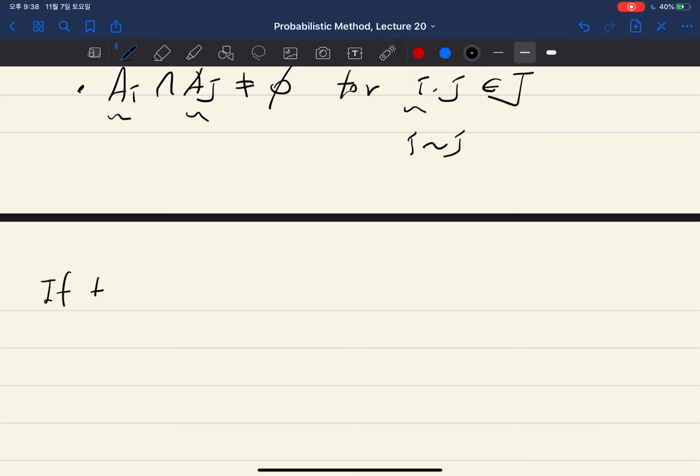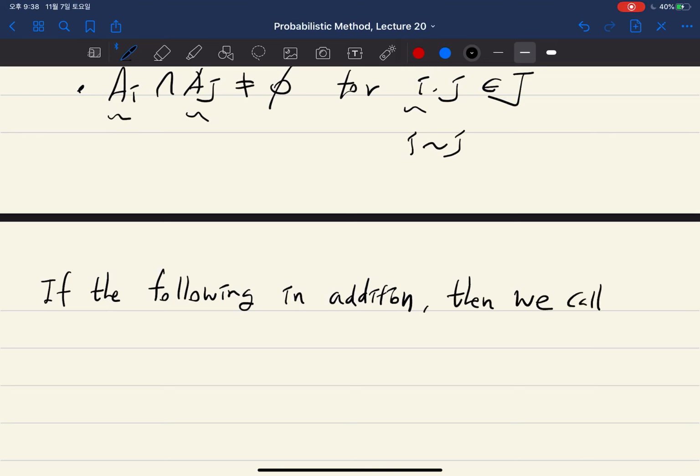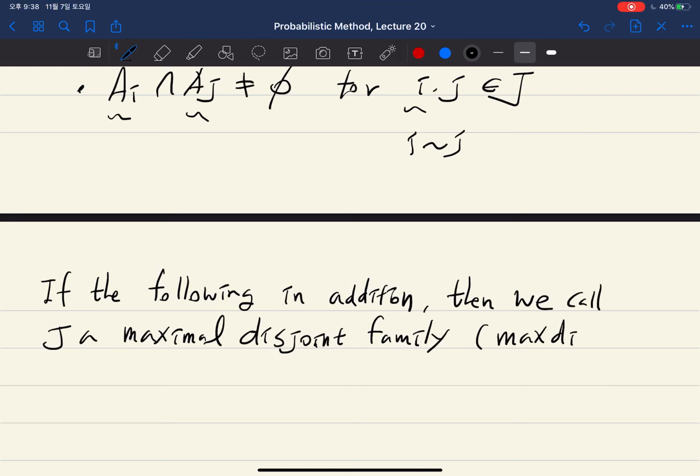And also, we have one more property in addition to the above two. Then we call J a maximal disjoint family, and write max disfam.